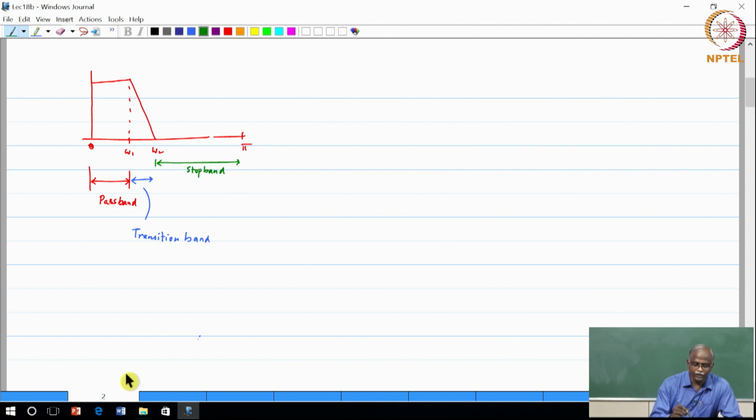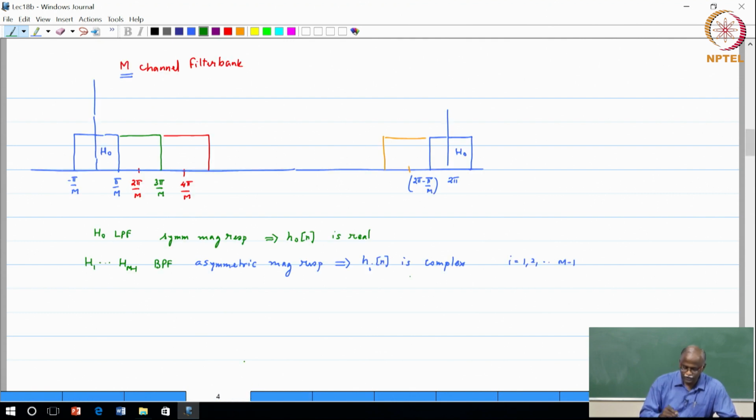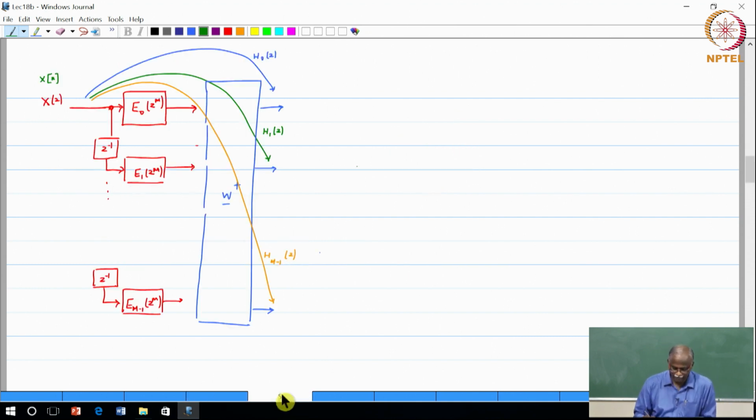So a quick review of what we discussed in the last class so that we can build on it for today. The fundamental principle that we are working with is the DFT filter bank. We are looking at a bank of M filters, each of which is shifted in frequency.